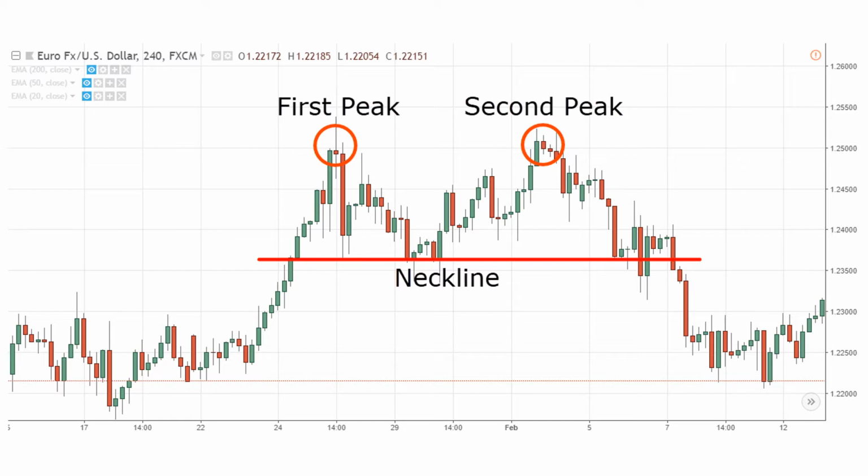Also, if you wait for the breakout candlestick, which is this one, to close below the neckline, you would also avoid fake breakouts and increase the success rate of your trade. Although this one did go back up, it did eventually go down and would have ended up being a profitable trade.